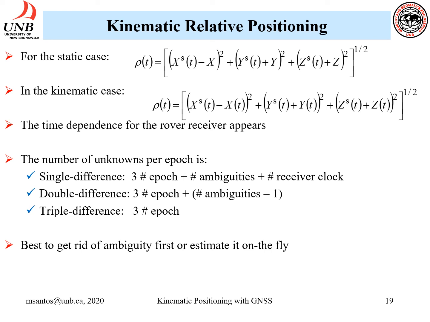In static positioning, we may have redundancy by repeating the measurements or by adding more external measurements. In a GNSS context, that would be adding an additional base station. In kinematic positioning, we cannot repeat the measurements because the unknown point is moving.